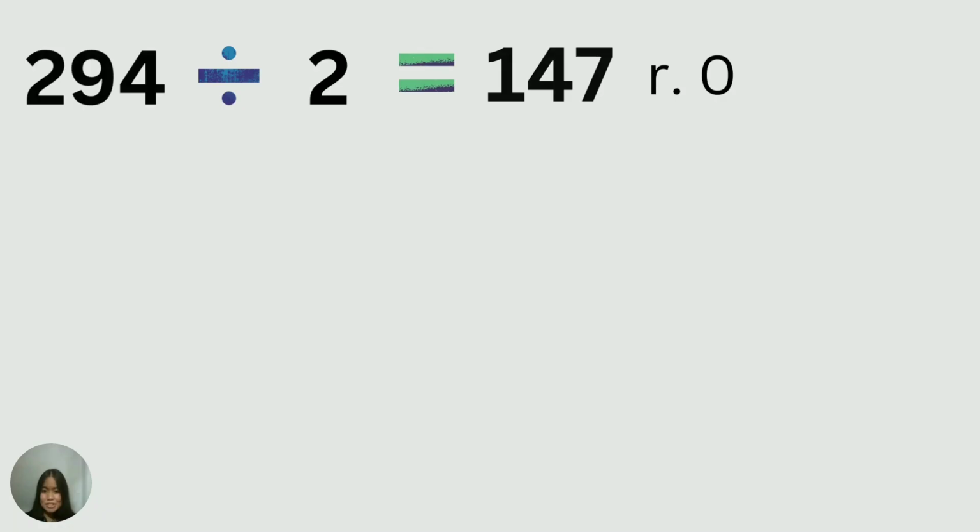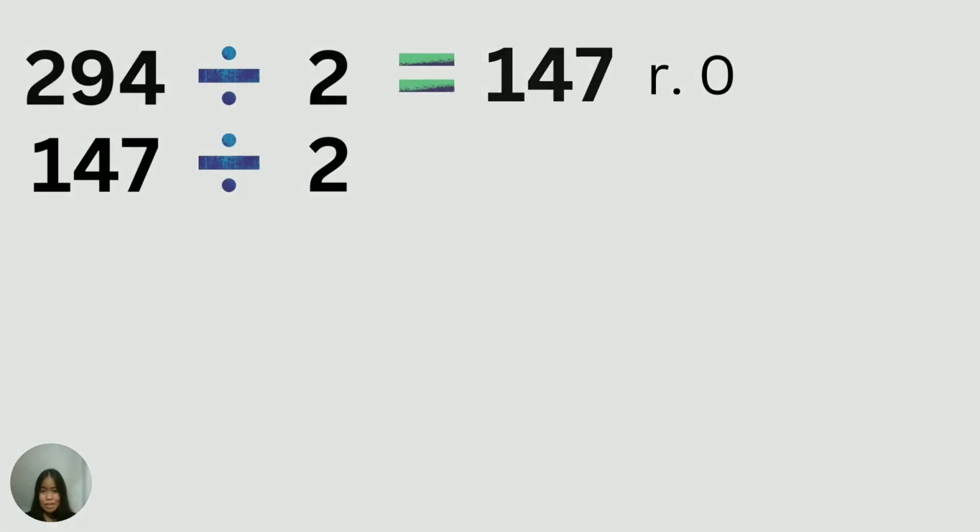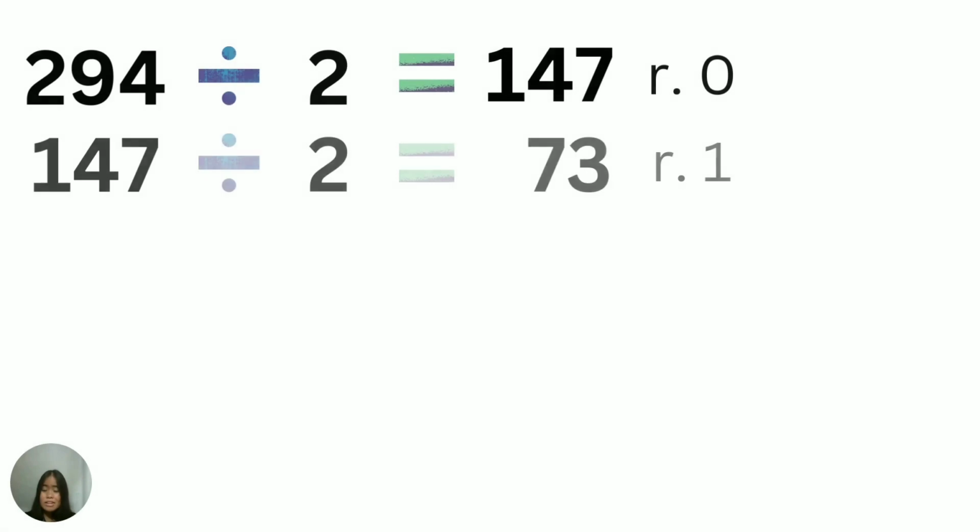Next step, we'll have to take the integer quotient, which is the 147, as our new dividend, and once again divide it by 2. This will then give us a value that is 73 point something. And since 147 is an odd number, and as we divide it by 2, it was able to generate a quotient that has a remainder, we'll put 1 as the value of its remainder.